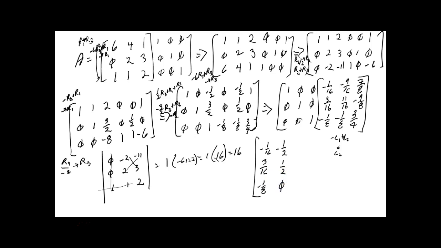Now we're going to do, didn't we say 6 times column 1 plus column 3 is the new column 3, right? So 6 times 1/16 is 6/16, which happens to be 3/8, right?